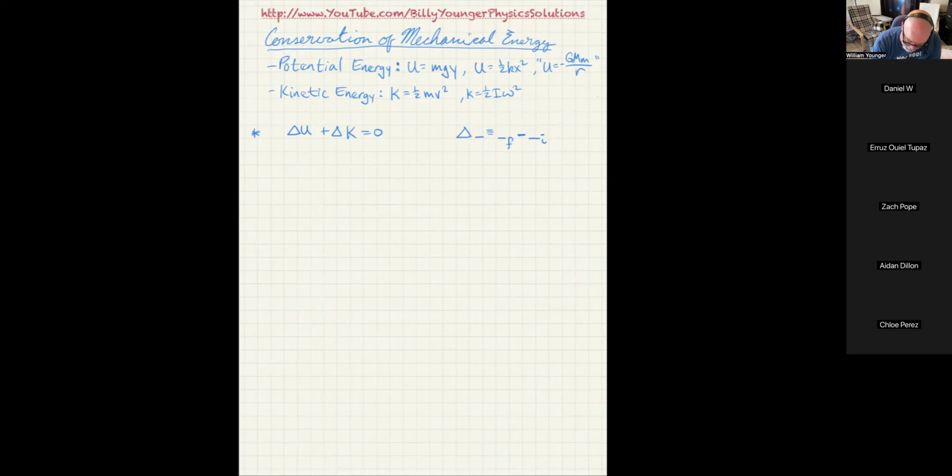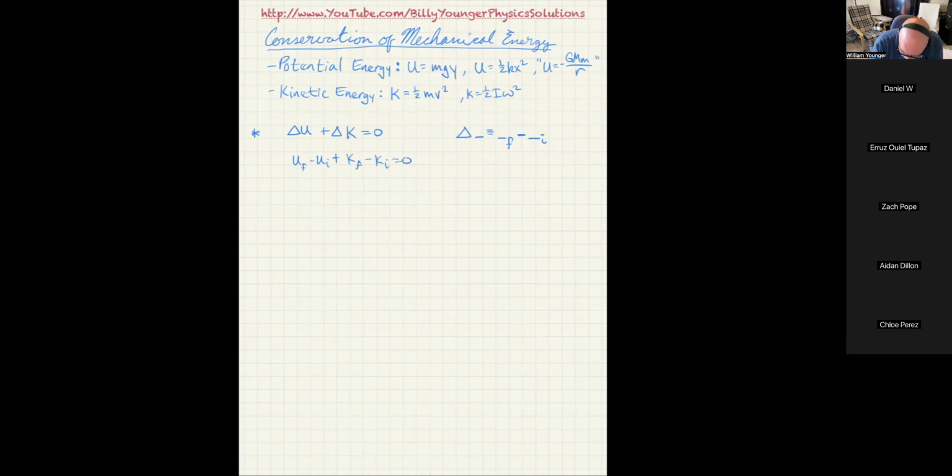Now that we've expressed that as the case, you can see that this is equivalent to U final minus U initial plus K final minus K initial is equal to zero.